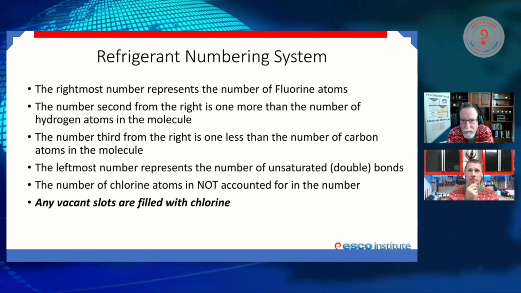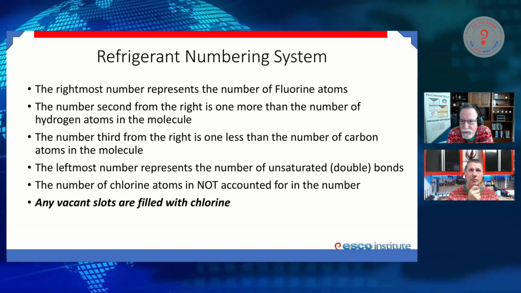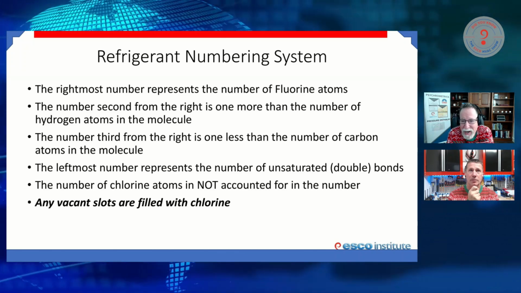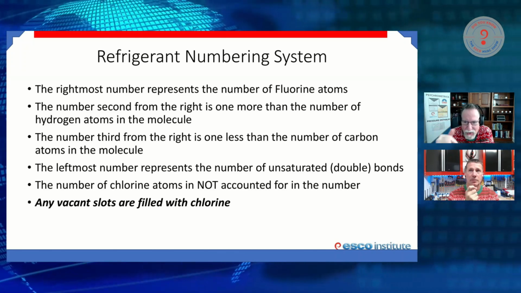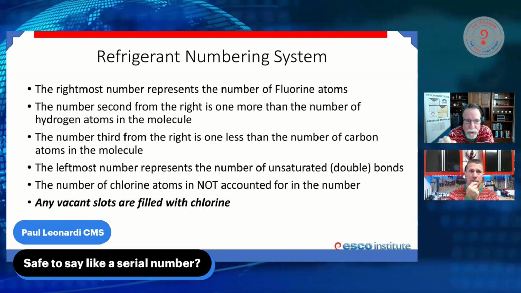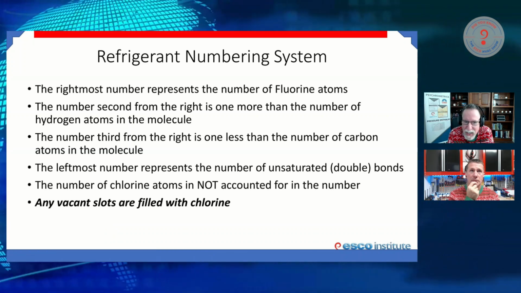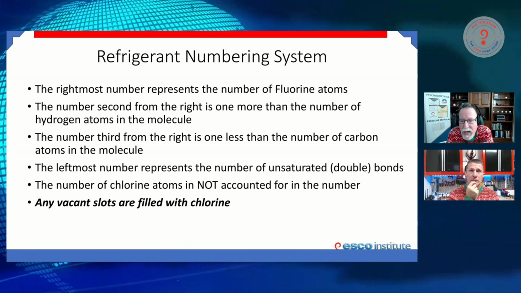The second number from the right represents one more than the number of hydrogen atoms. So whatever that number is, we have to subtract one, and that tells us how many hydrogen atoms are in a molecule. The third number from the right is one less than the number of carbon atoms in the molecule.